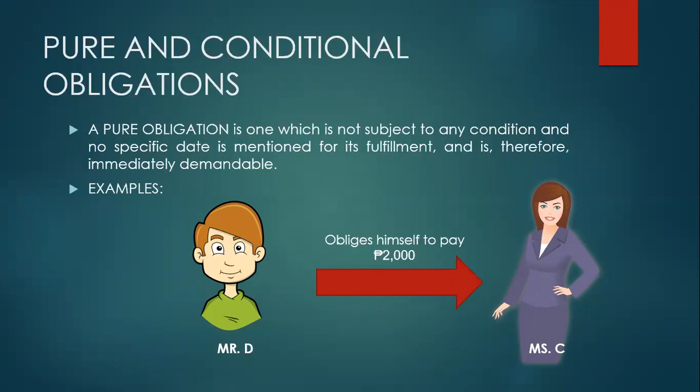Example, Mr. D obliges himself to pay 2,000 to Miss C. As you can see in the given example, there is no condition or specific date mentioned in the obligation. Therefore, this kind of obligation is a pure obligation.